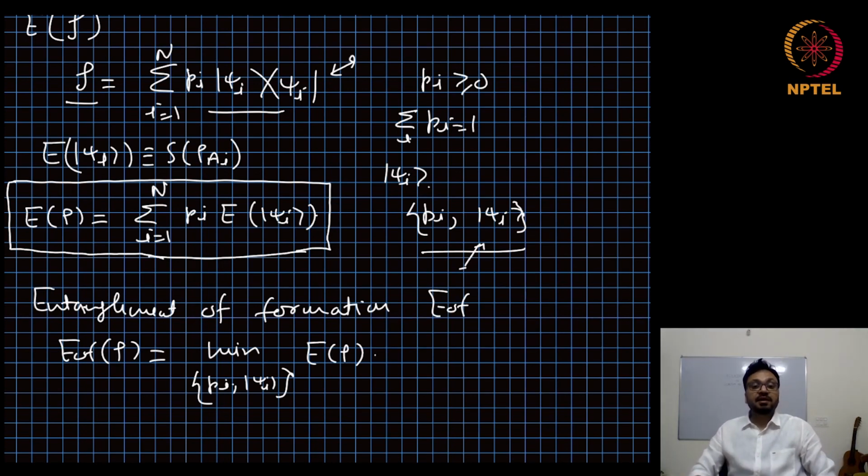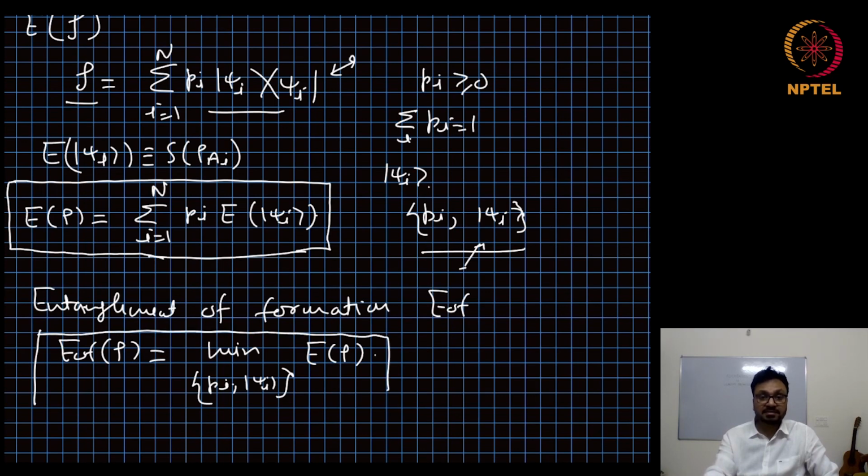That is, if we try all the possible preparation schemes for a given density matrix rho, and then we find the average entanglement of preparation, or entanglement cost, in each of those preparation schemes, then we minimize over those schemes. The minimum of that average entanglement will be the entanglement of formation. It means we cannot prepare the state rho using lower entanglement than the entanglement of formation. So this is a definition. This will be the definition for the measure of entanglement in a density matrix rho.